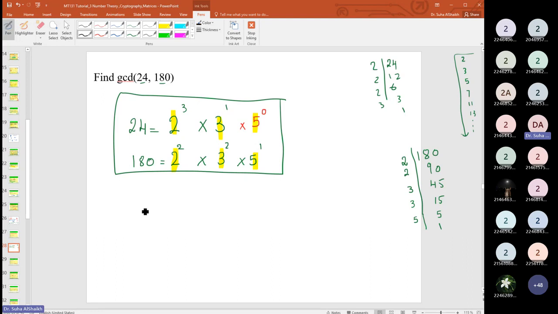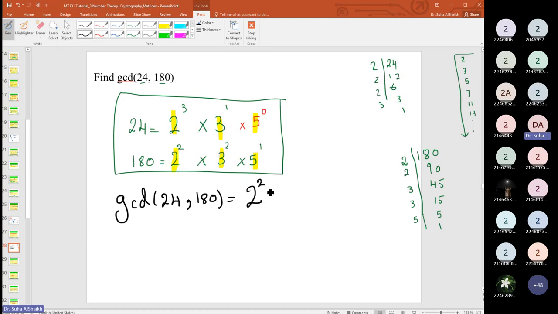Now what will be the GCD between the two numbers? Sorry, it's the GCD between 24 and 180. It is 2 to the minimum power of the 2. What is the minimum power of the 2?